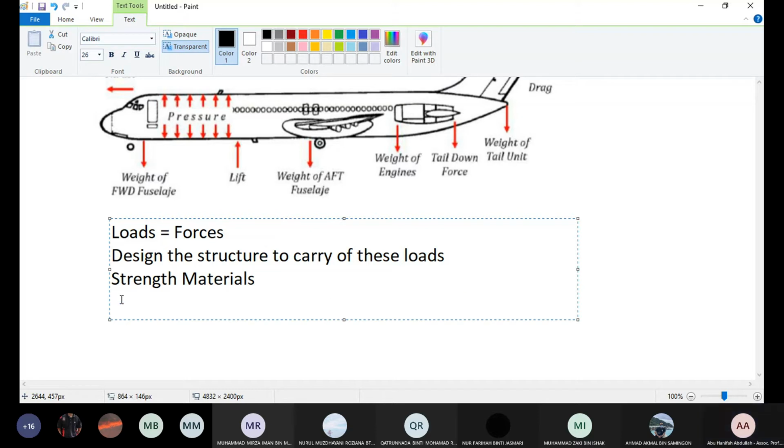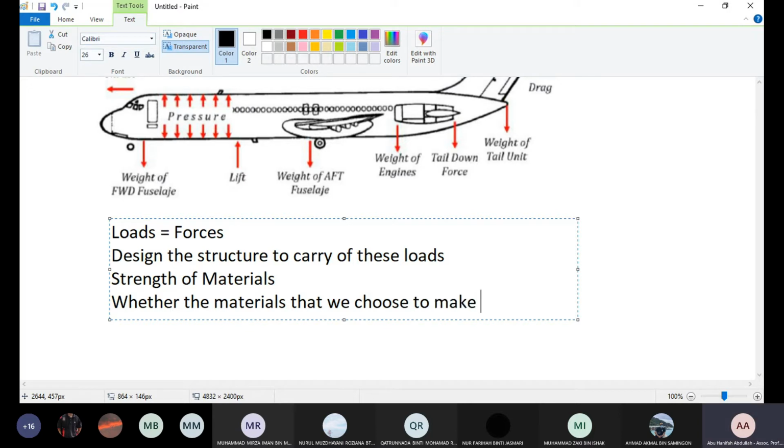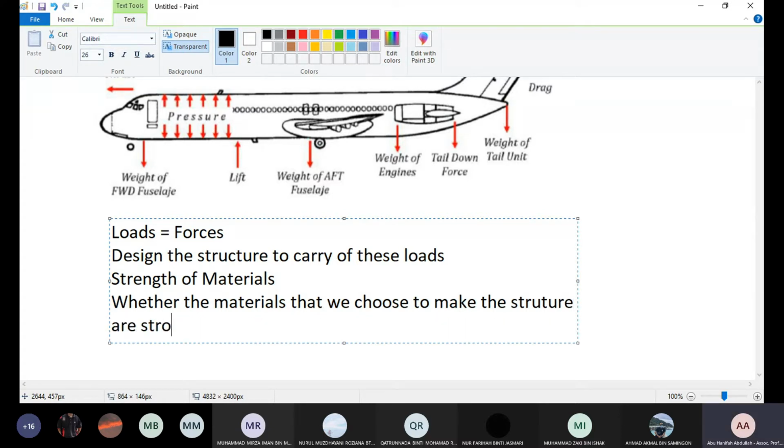Because what we do is look at whether the materials that we choose to make the structure are strong.